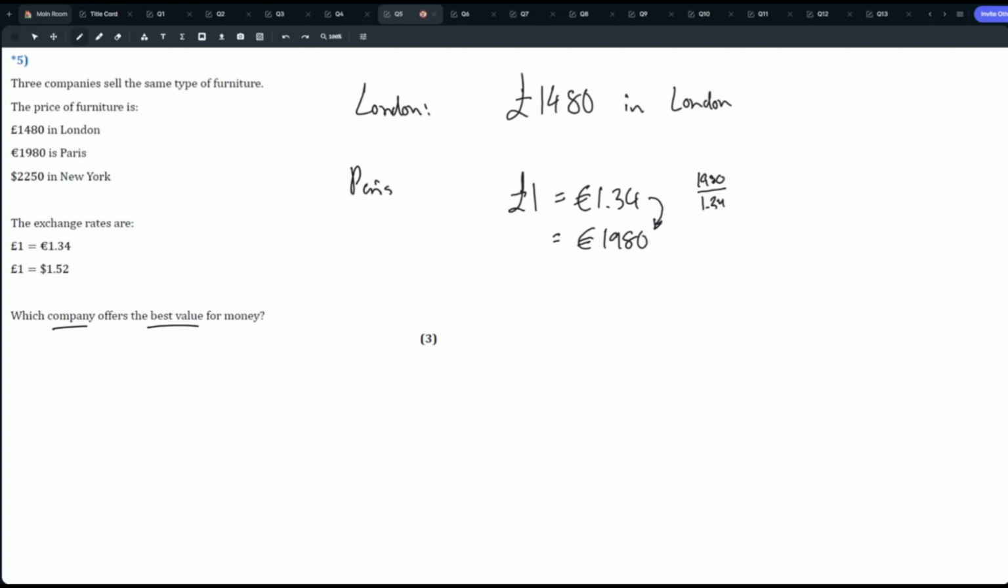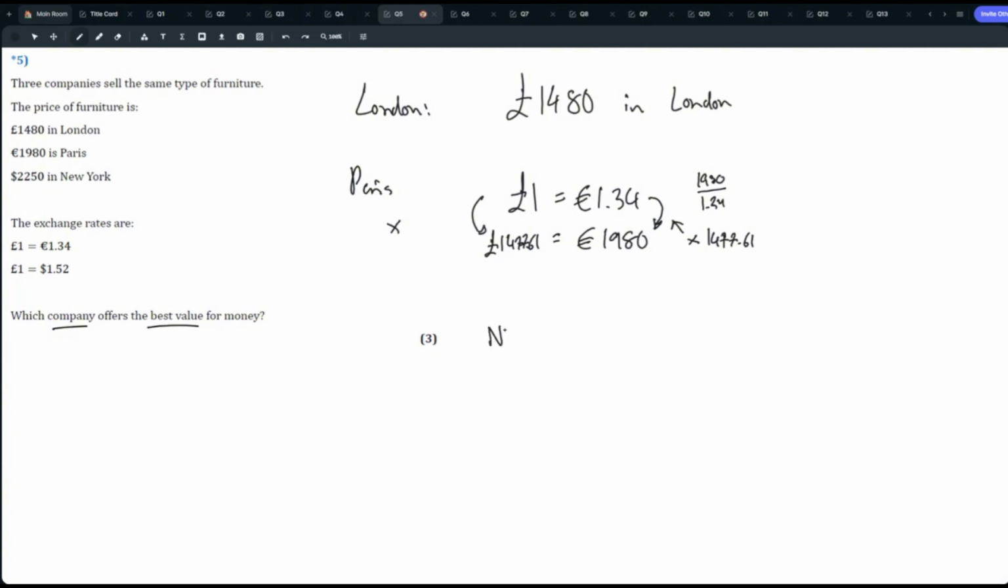Now if I do that, I get 1,477.61. And whenever it's one side, I do it to the other. So that is our pounds in Paris.